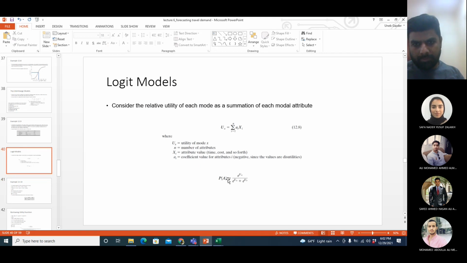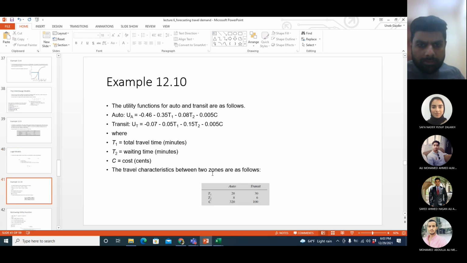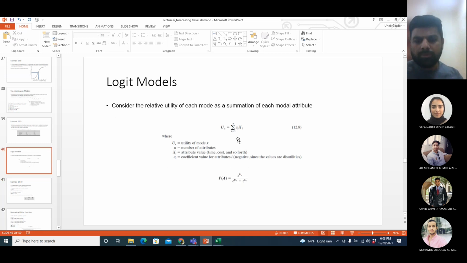Whenever you are taking the ratio of the exponentials, we call it the logit function.